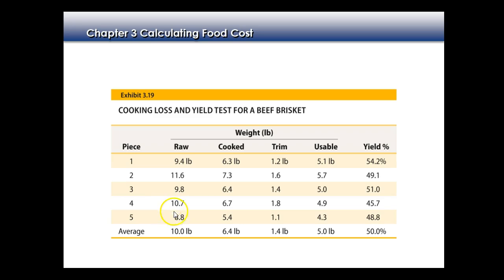And look down here, this was a big one. They lost 4 pounds in cooking, then almost another 2 pounds during trimming. These are really fatty briskets. The fat gives you flavor, it keeps it moist, so it's a good thing, but it's averaging that you're only yielding 50% of what you're actually buying.